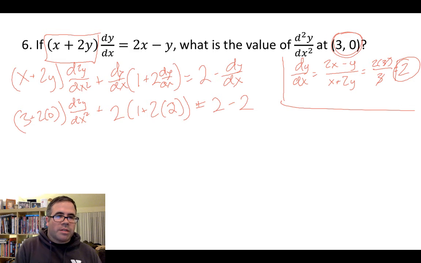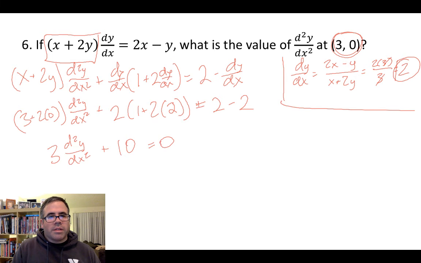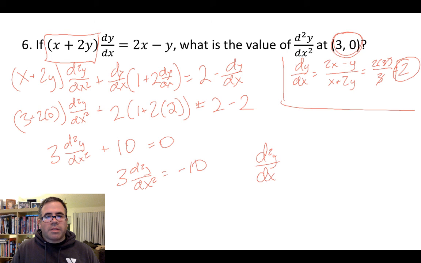Right, and then we just kind of simplify. 3 times what we want plus 2 times 5, which is 10, equals 0. 3 times the second derivative of y in terms of x is equal to negative 10. So that means d squared y over dx squared, what we wanted, equals negative 10 over 3.